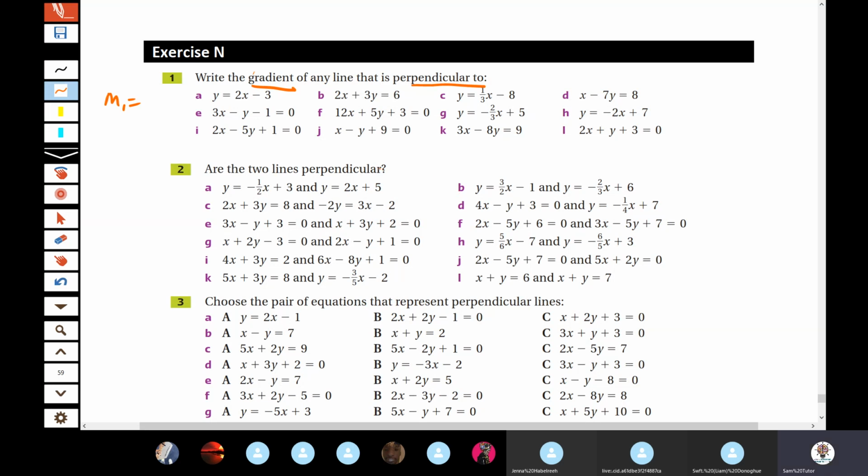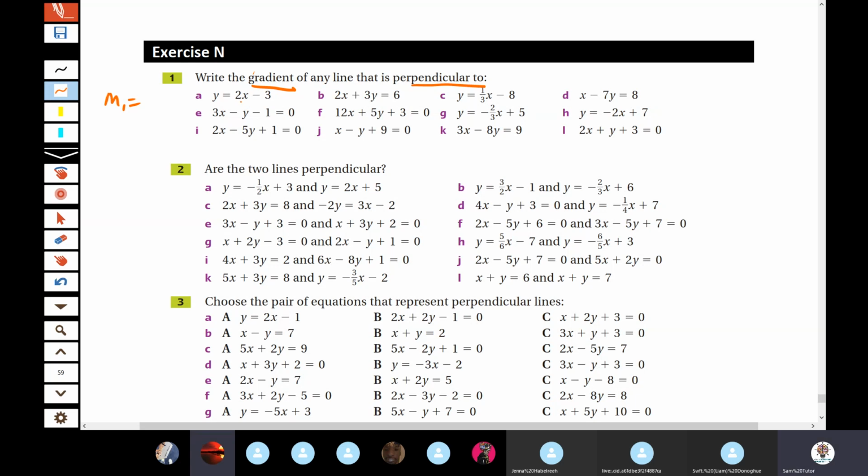Let's try Shane, are you there? All right. Samuel, are you there? Yeah, I'm here. Let's go. Gradient of this one right now, M1.